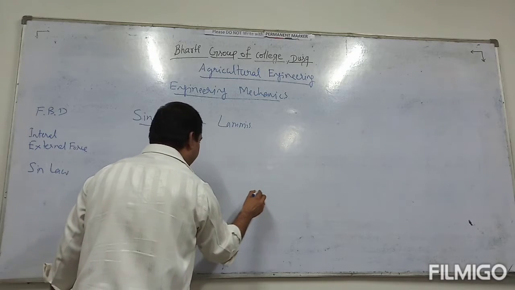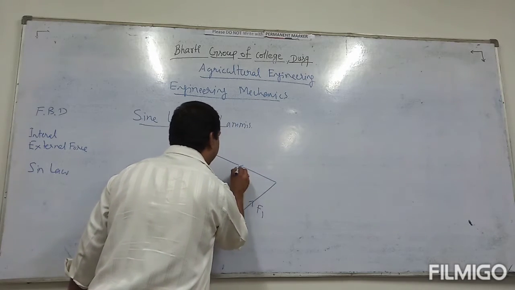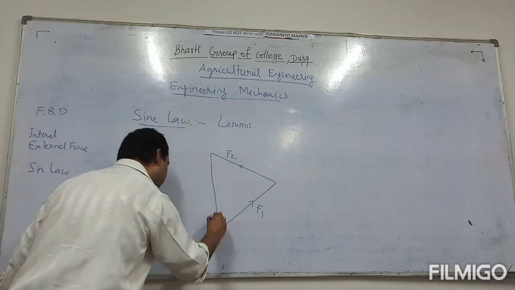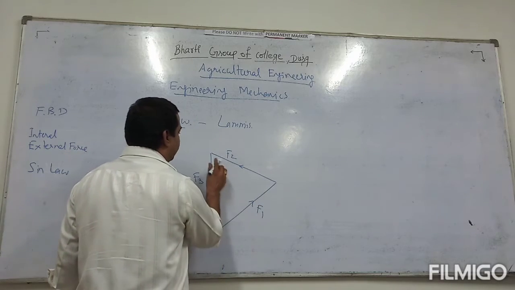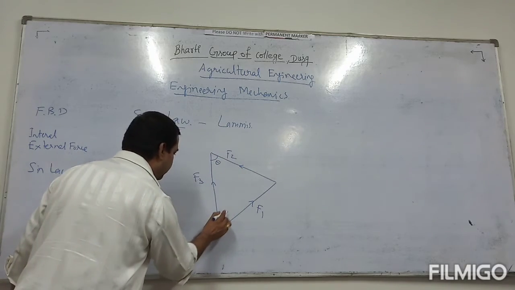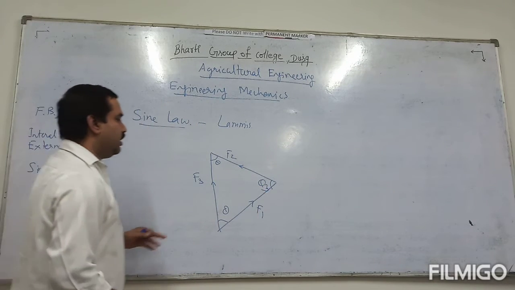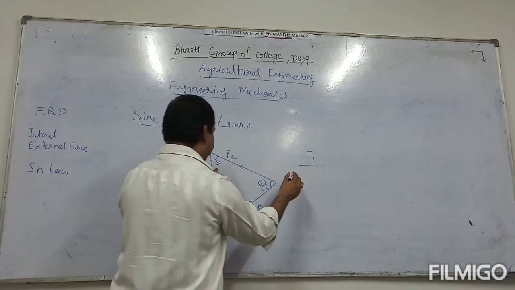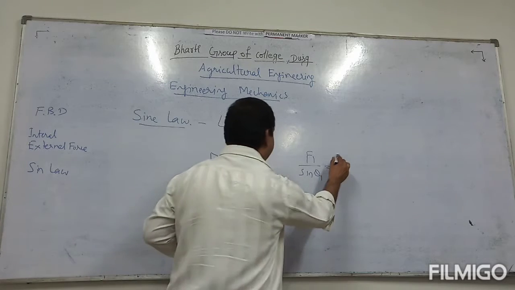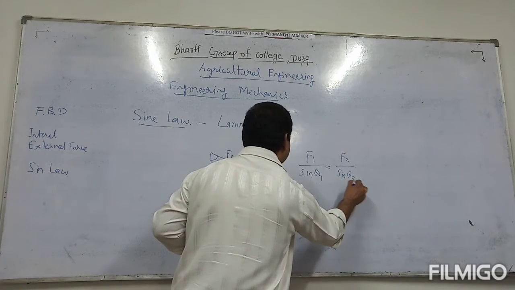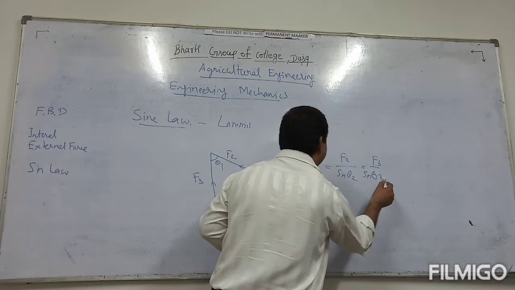If three forces are there, F1, F2, F3, and the angle opposite to F1 is theta 1, angle opposite to F2 is theta 2, angle opposite to F3 is theta 3, then according to this sine law, F1 by sine theta 1 is equal to F2 by sine theta 2, and that is equal to F3 by sine theta 3.